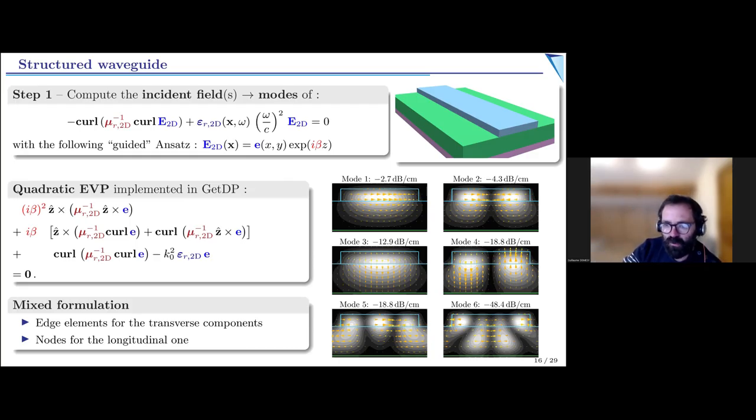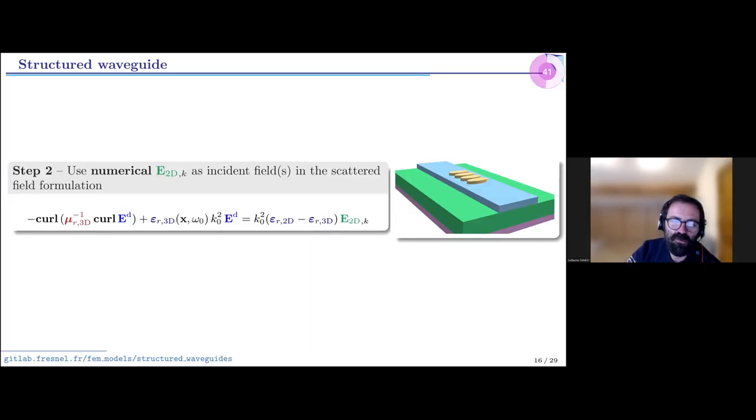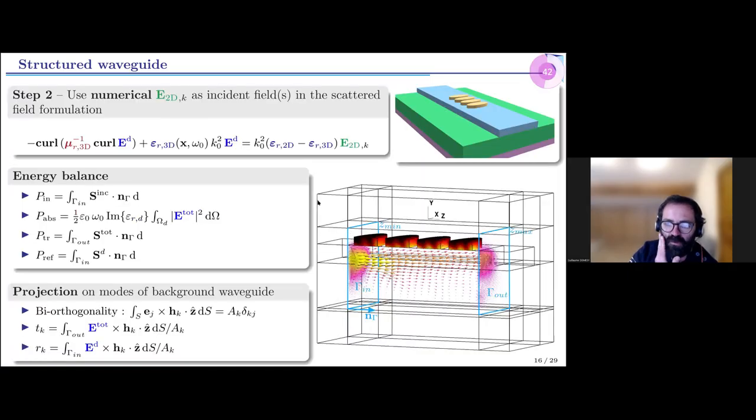And so we get these modes that are quite easy to recognize. Let's say the fundamental modes would be, for TE and TM, these two, and then modes number 2 and 4 are going to be these two, etcetera. And then what's nice is that we can use the same scattered field formulation and have the right hand side be one of the modes.